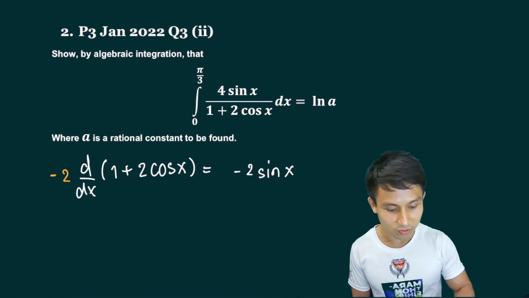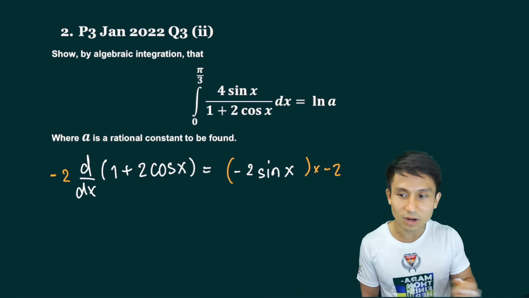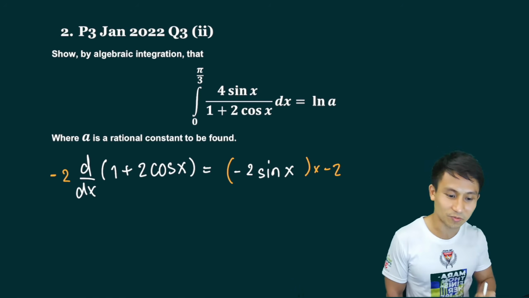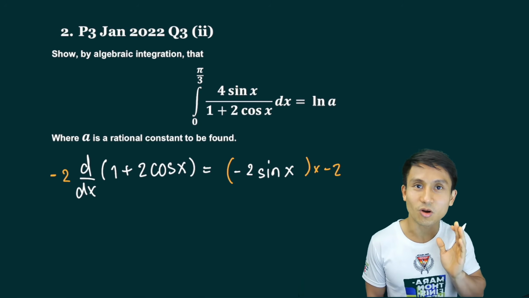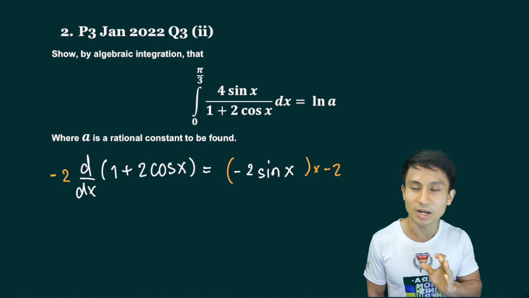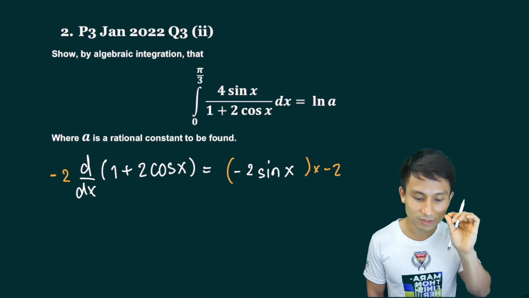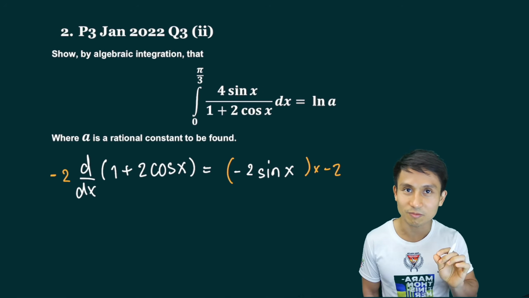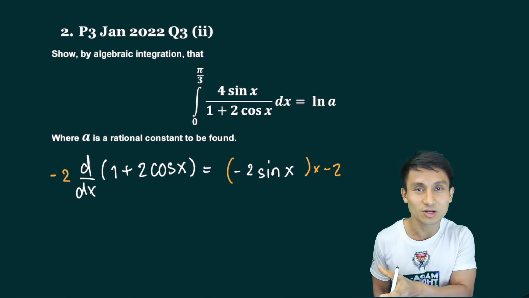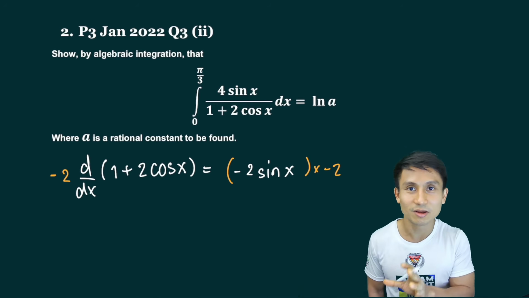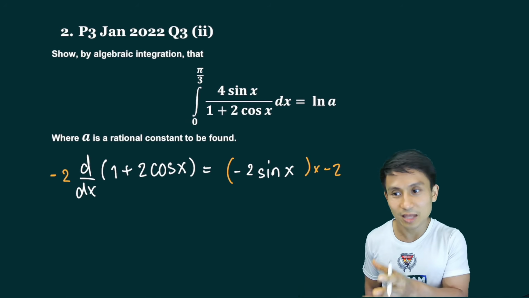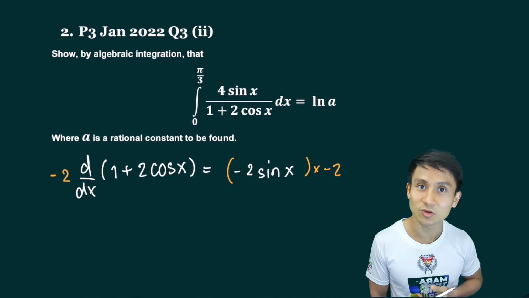So I put minus 2 here and times minus 2. Now, you don't need to write anything after this because this is all you want. You want to know if you differentiate the bottom, you get the top. And it does kind of give you the top here. It just needs some manipulation. That correction factor minus 2 there, you got it already.